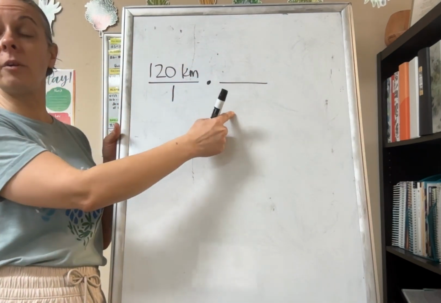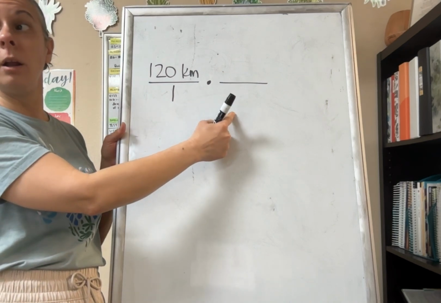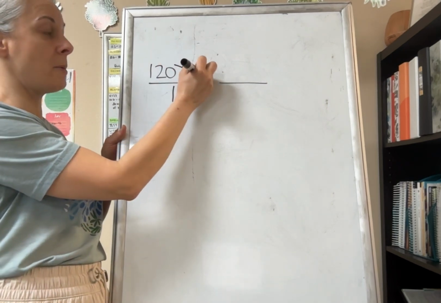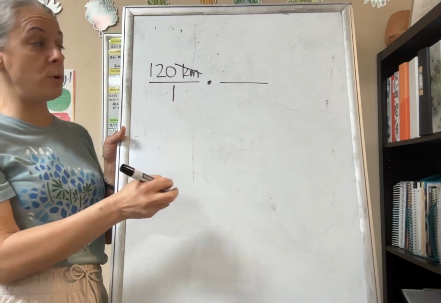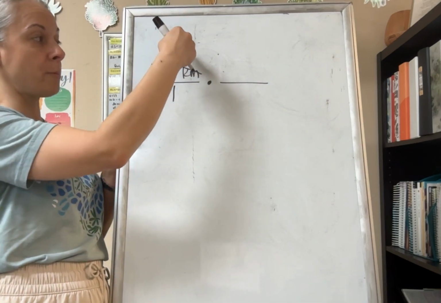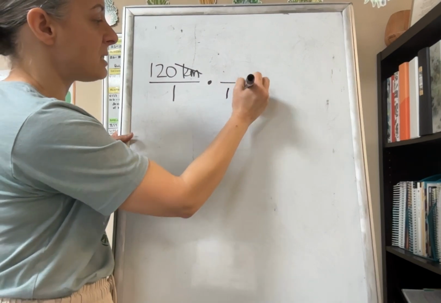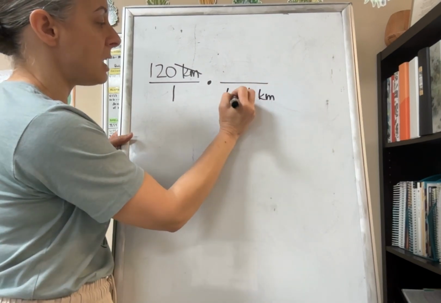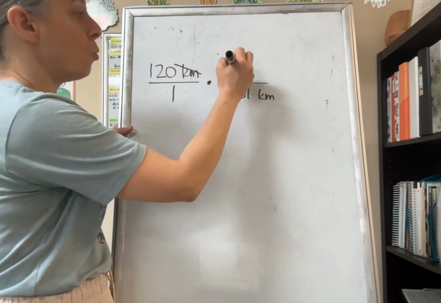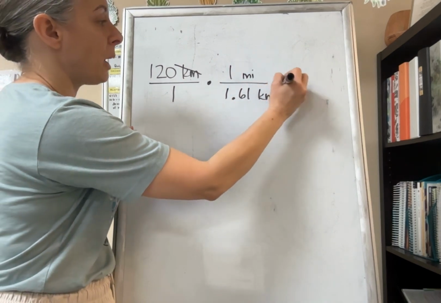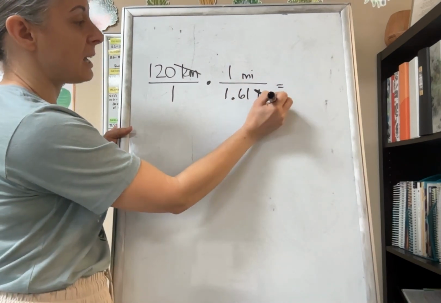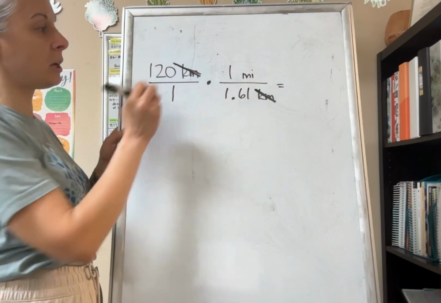Numerator or denominator over here? Remember, I want my kilometers to cancel out those units. So things cancel from the numerator to the denominator. So I need to put 1.61 kilometers in the denominator and 1 mile in the numerator, because that way I can cancel out the units of kilometer.